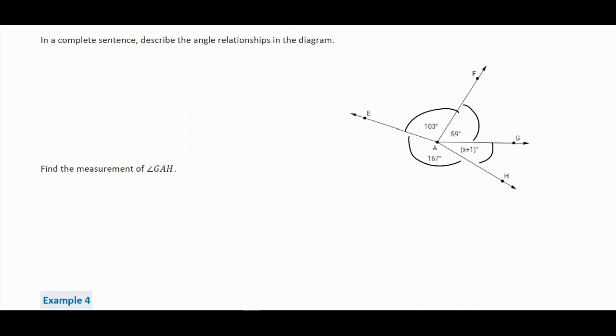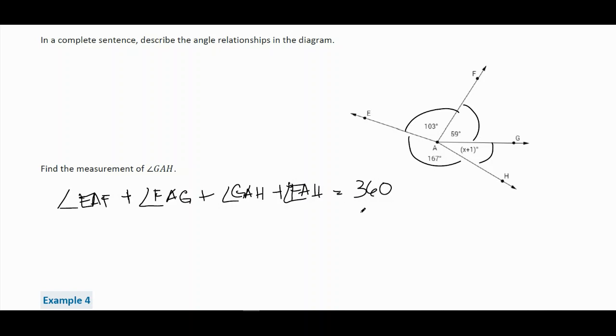So by adding angle EAF, angle FAG, angle GAH, and angle EAH, it's going to create 360. So EAF is 103, FAG is 59, plus GAH, x plus 1, EAH is 167, equal to 360.